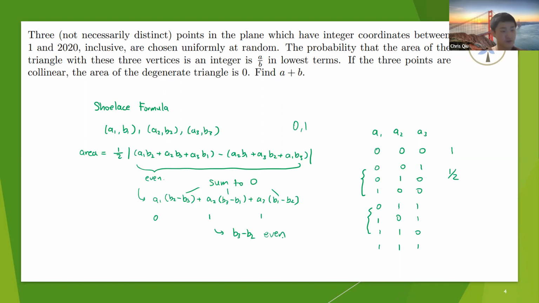And in order for this expression to be even, we need to have either b2 and b3 both equal 1, or b3 and b2 both equal 0. And again, there's going to be exactly 2 ways to choose b1 in either of these cases. And this is going to lead us to the same probability of 4/8, which is, again, 1/2.